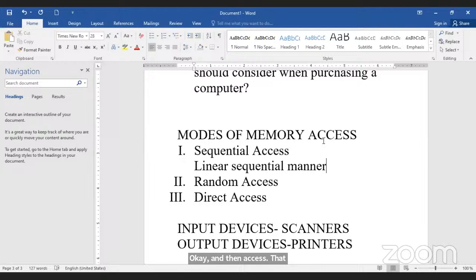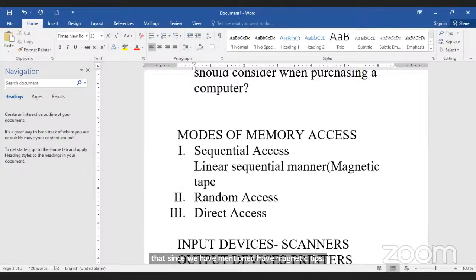So, for example, if you have song A, song B, song C, song D, song E, song F, it means for you to access song B, you need to go to song A, then go to song B. For you to access song D, you need to go from A, B, C, until you reach D. So that's called sequential. The examples of sequential access we have mentioned are magnetic tapes.